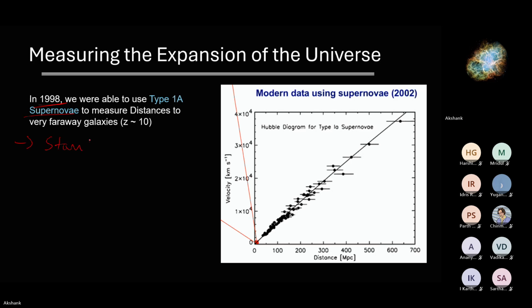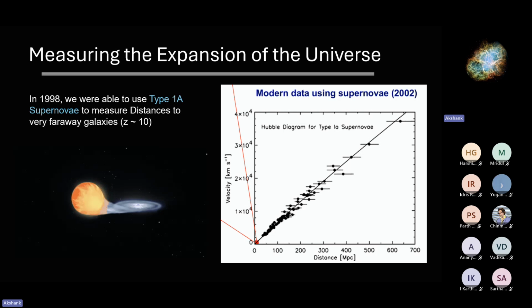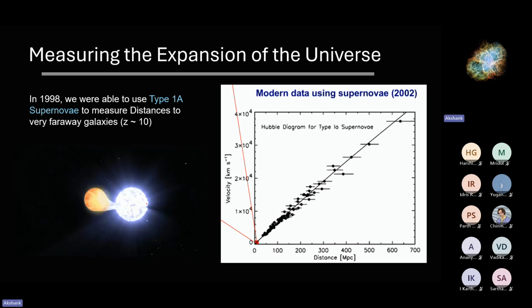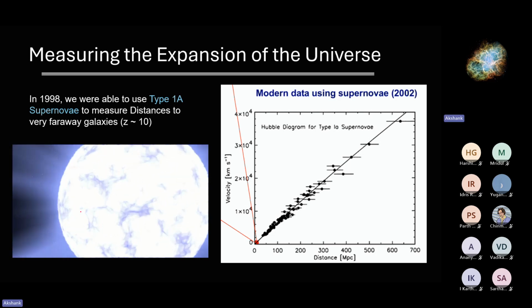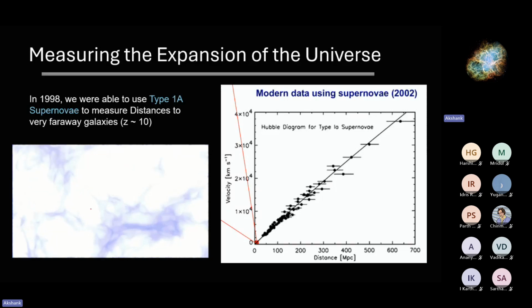What does standard candle mean? Just like the Cepheid variable, you can calculate how bright or how luminous a type 1A supernova is, and from that you can calculate how far away that object is. What actually is a type 1A supernova? It is a white dwarf around a massive star, or a red giant.